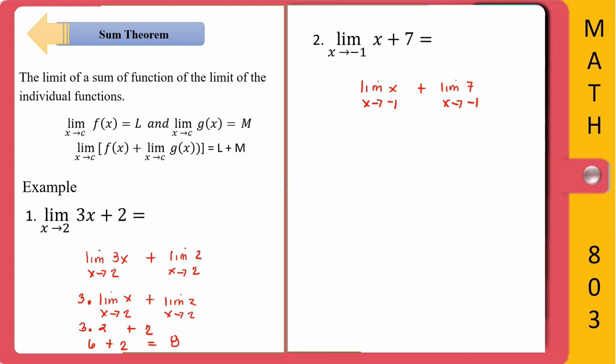Since we have the identity theorem here, we need to substitute the value of c into the variable x. Therefore, we have negative 1 plus, since this will be the constant theorem, where our constant k is 7, so we have 7. So we have negative 1 plus 7, and our final answer will be 6.